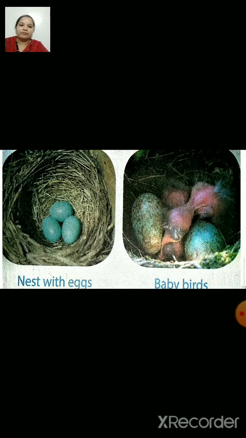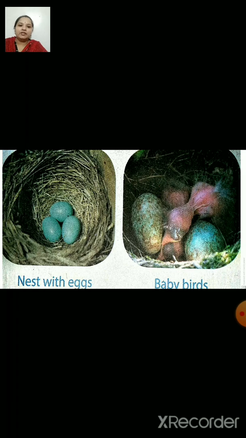Now, you must be knowing this, right? The birds, what do they do? Yes, the birds lay eggs from where the small birds come out when the eggs hatch. Can you see these eggs?